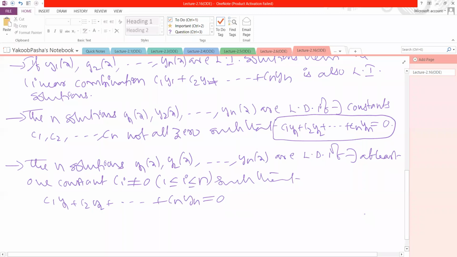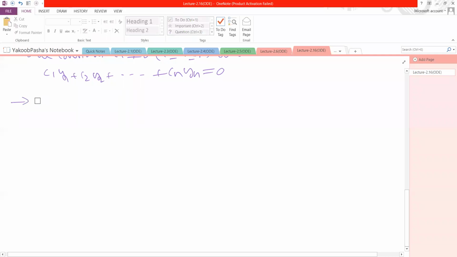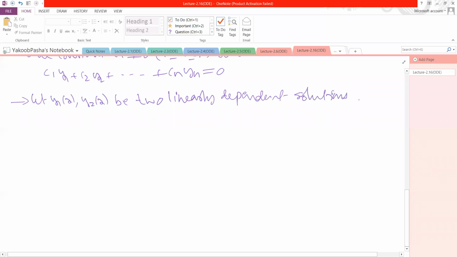Now I am taking two solutions, for example. Let y1 of x, y2 of x be two linearly dependent solutions for a second order linear differential equation.